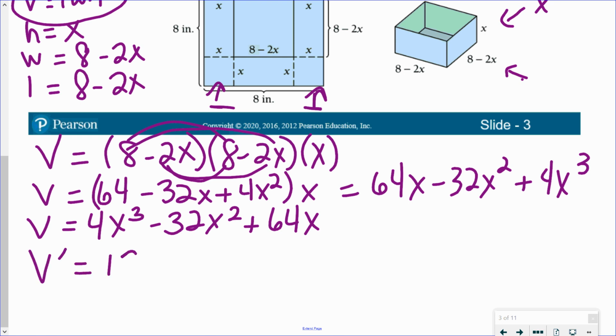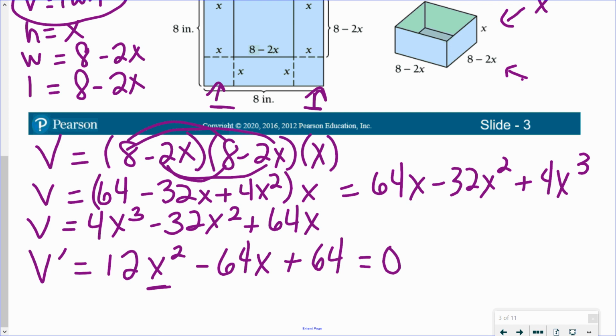So we're going to have 12x squared minus 64x plus 64. This is a quadratic equation, meaning it's an x squared. It exists everywhere, so we don't have any relative max or mins from where it does not exist. So we want to set this whole thing equal to 0 and solve.